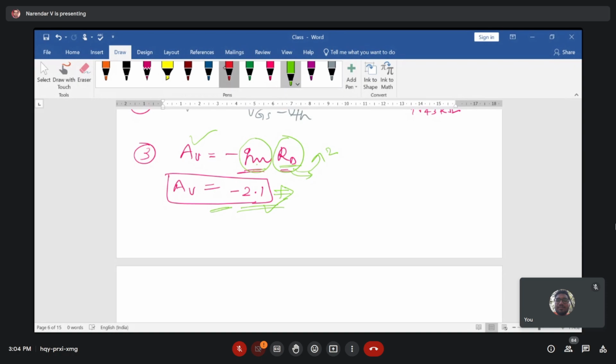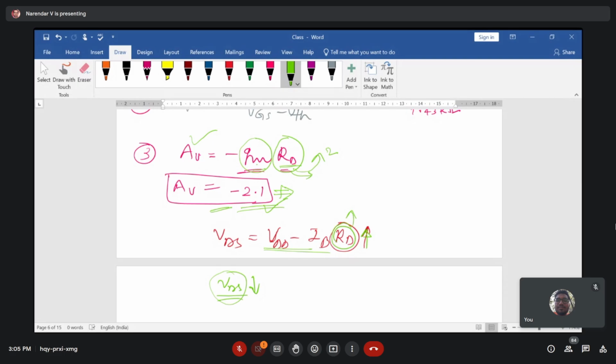But when you see the VDS expression, which is VDD minus ID times RD, as this RD value increases, this VDS value is going to drop, because the net value of VDS is VDD minus ID times RD. As RD increases, the drop from your VDD increases, and the final net value of VDS decreases. There is a possibility that because of the decrease in VDS, your transistor may enter into a different region of operation.